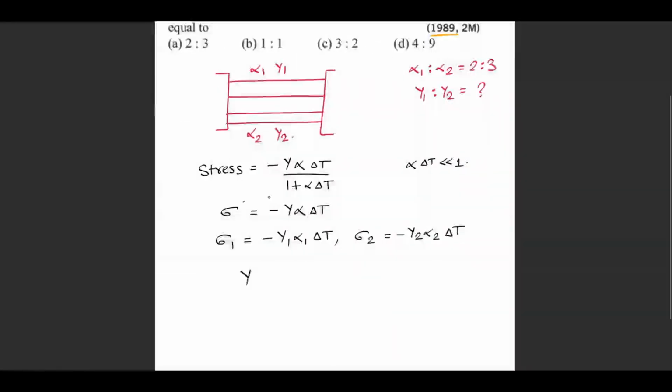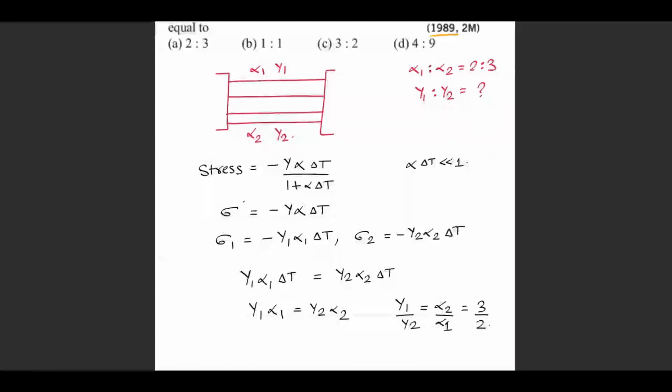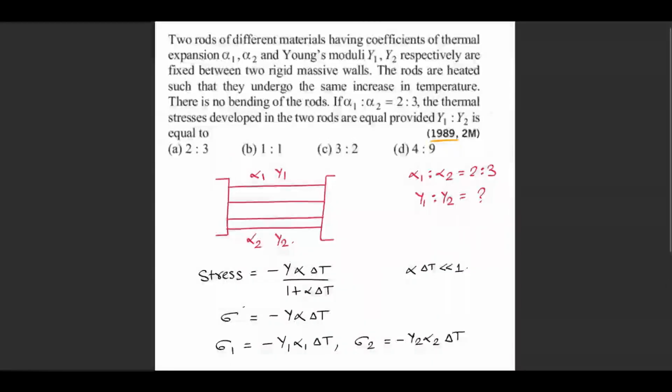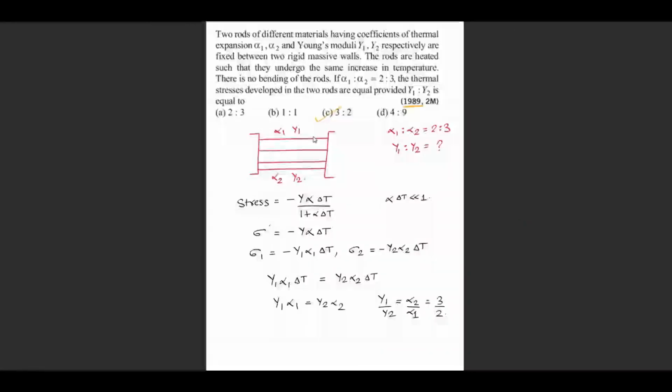You want the same value of stress, correct? This will be alpha 2 by alpha 1. So if alpha 1 by alpha 2 is 2 is to 3, the reverse will be 3 by 2. Hence, if I look at the options given, it will be option C, right? It will be option C.